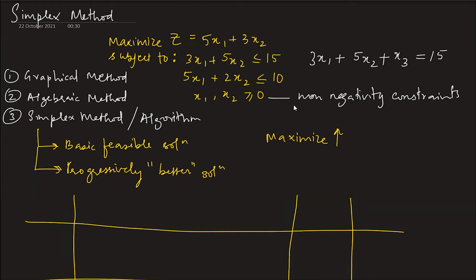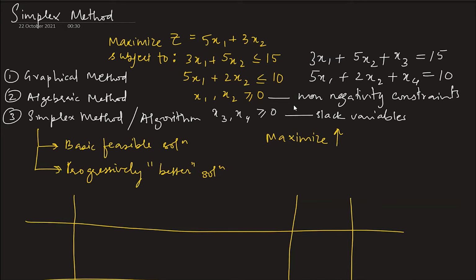Similarly, for the second constraint, I can introduce x3, x4 in this case, where again x3 and x4 are greater than equal to 0. These are called the slack variables.